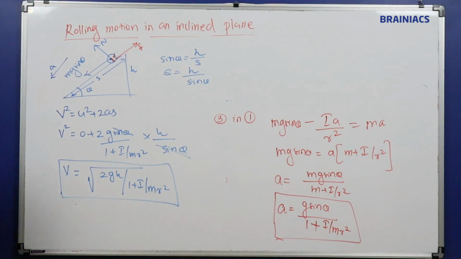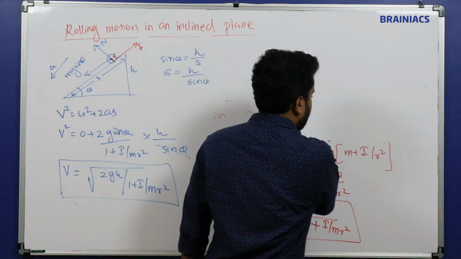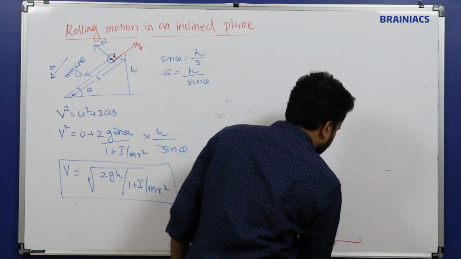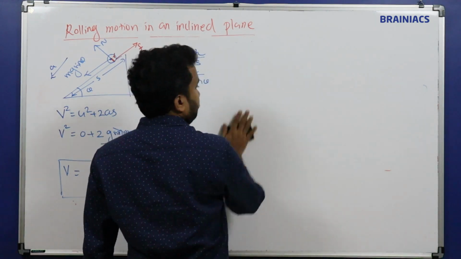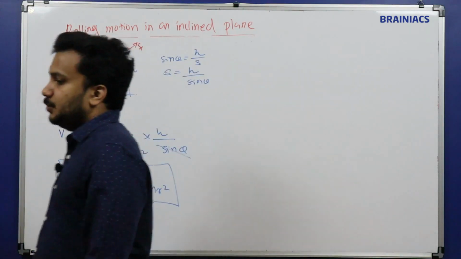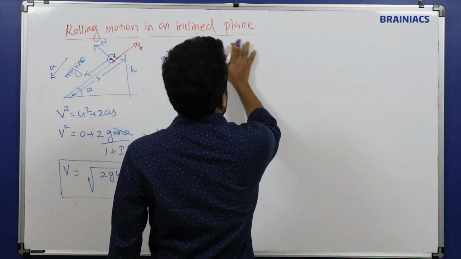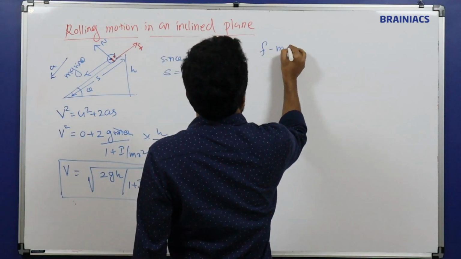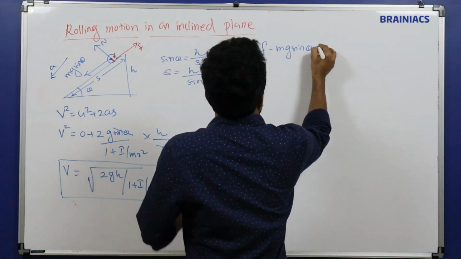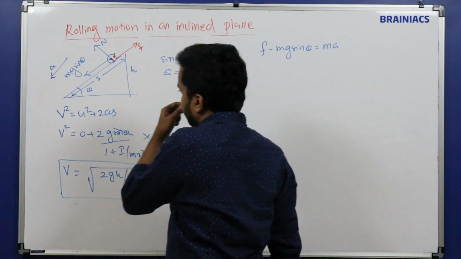Okay, now we are going to find out the frictional force. What is the value of frictional force? We have drawn F minus mg sin theta equal to ma. Already we have written, right?